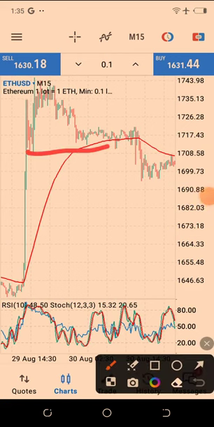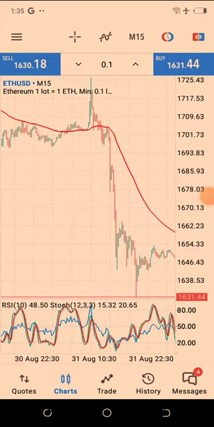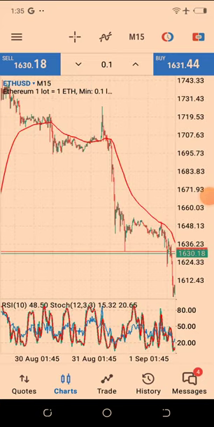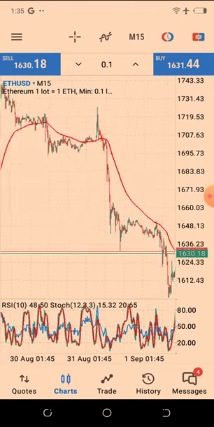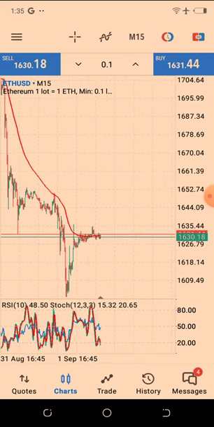Now let's take a look at this. Maybe the price was here at this point, then it gets here and someone tells you buy low, buy low. What will you do? You buy low, but eventually the price will keep dropping. If you have the idea of this financial market, you would know that the price is supposed to drop from here, and you would not be a victim of buying low and it getting lower.